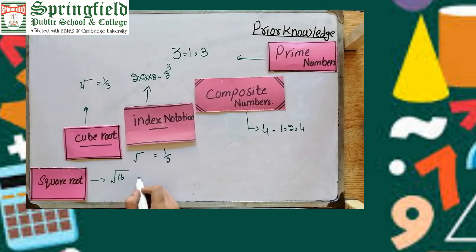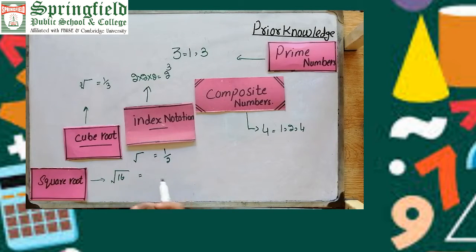How can we find the square root of 16? We can find the square root and the cube root of any number by using the prime factorization method. First we will find the factors by prime factorization, and then we will make the pairs according to cube root and square root.